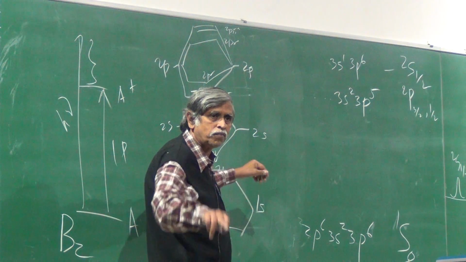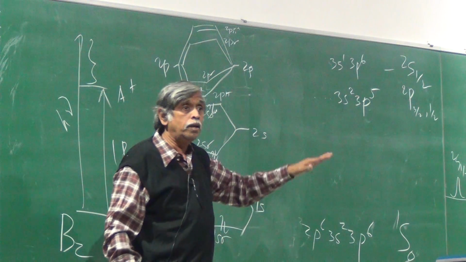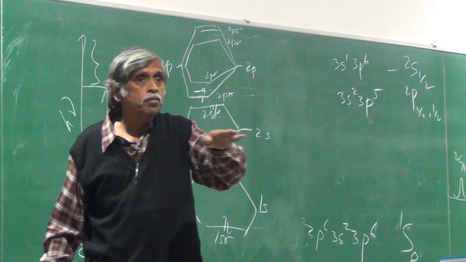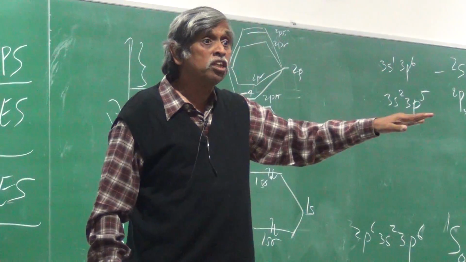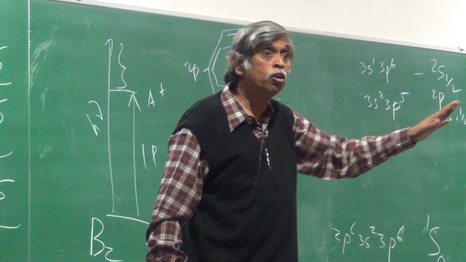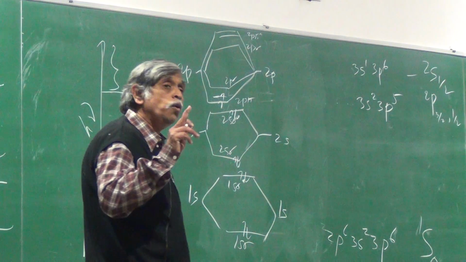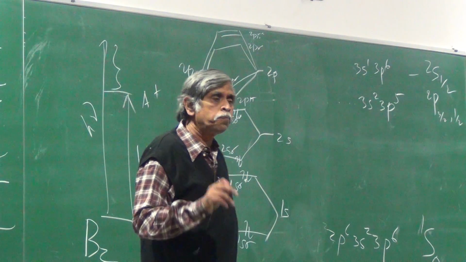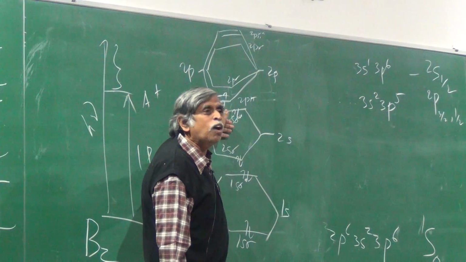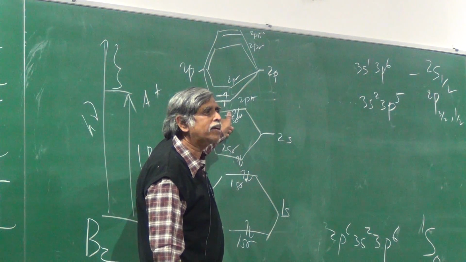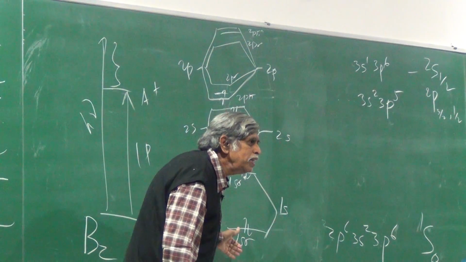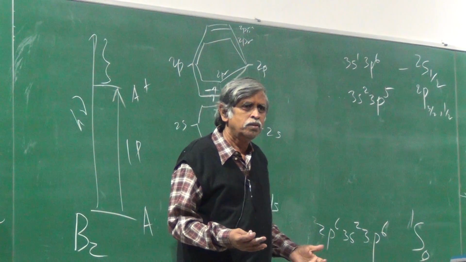In other words, I will get photoelectron peaks which correspond not only to the valence electrons but also to the inner electrons and the core electrons. But when I do UV photoelectron spectroscopy, I might remove these and then I run out of energy. The photon is not capable of removing any of these because the energy isn't good enough.